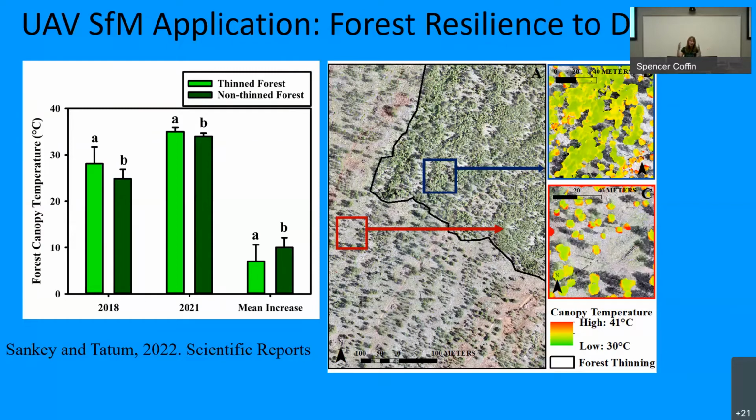And so these trees just got hot and dry and got extremely vulnerable to drought conditions. So the thinning treatment has had several important effects, including increased soil moisture and increased canopy moisture.